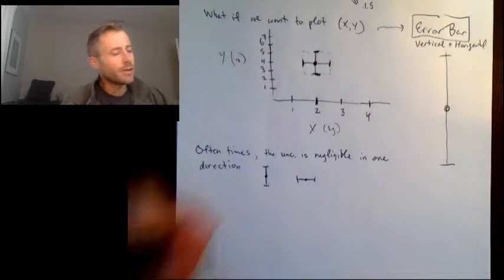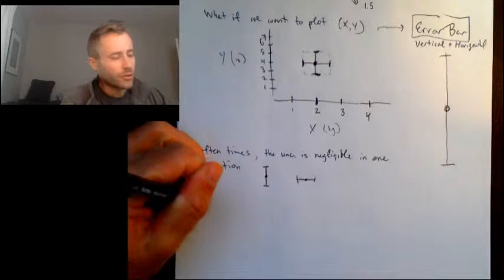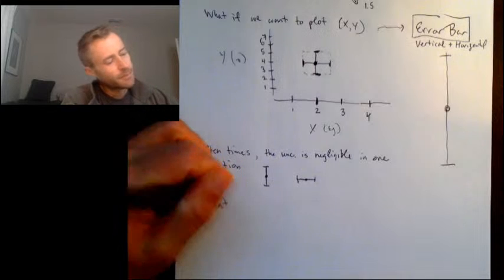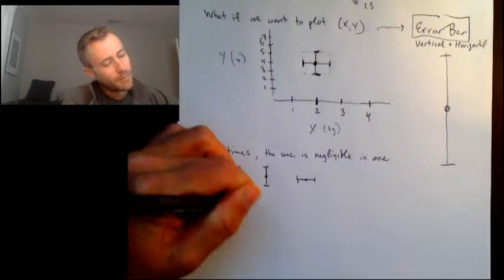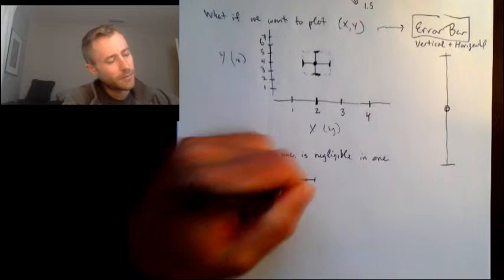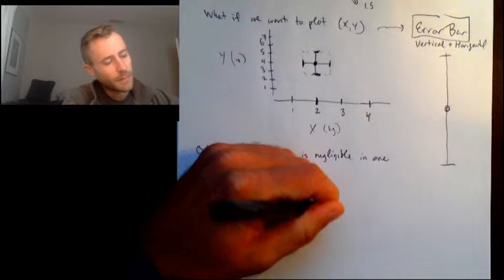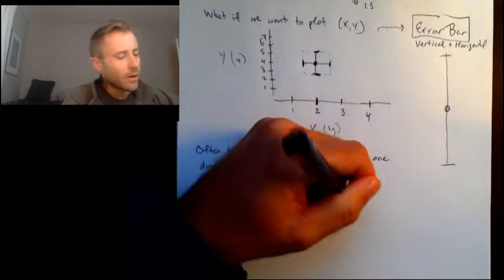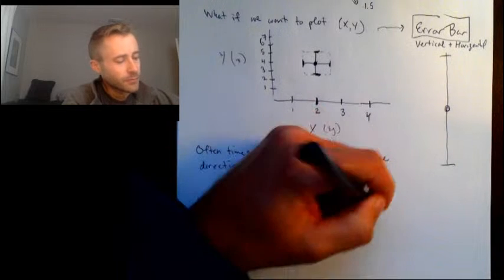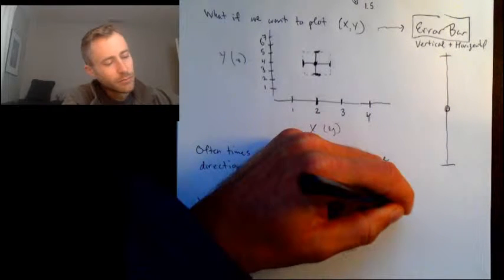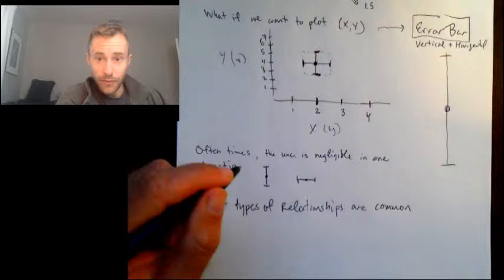The second part is what types of relationships are common in physics.